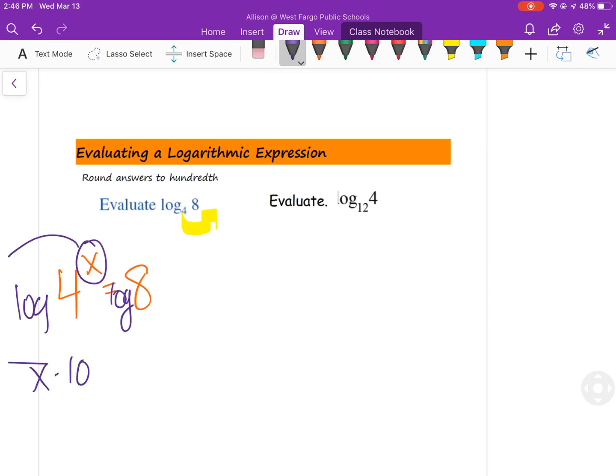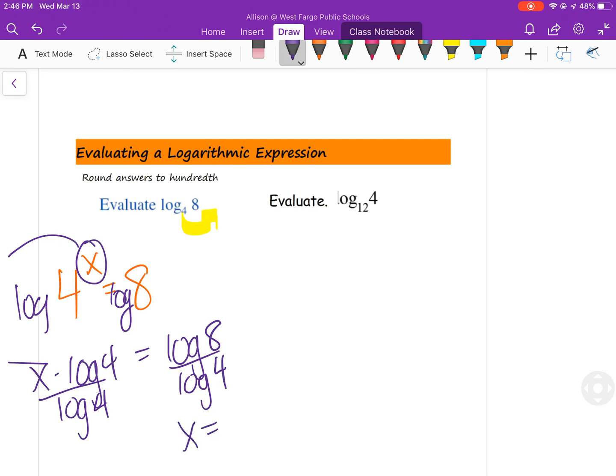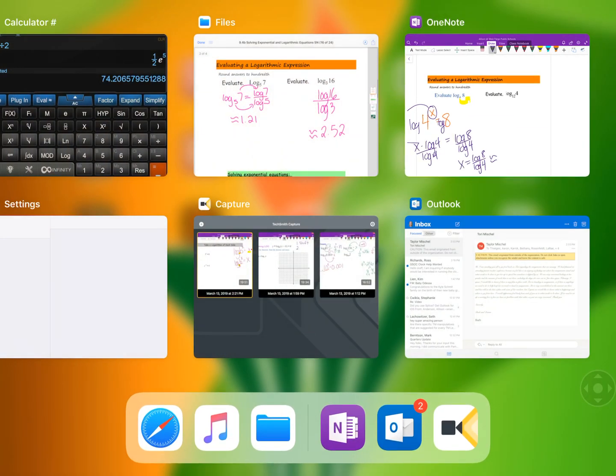So x times the log of 4 would equal the log of 8. Then divide both sides by log of 4, and x equals the log of 8 divided by the log of 4. And now I have base 10 properties, so I could use my calculator to evaluate that.